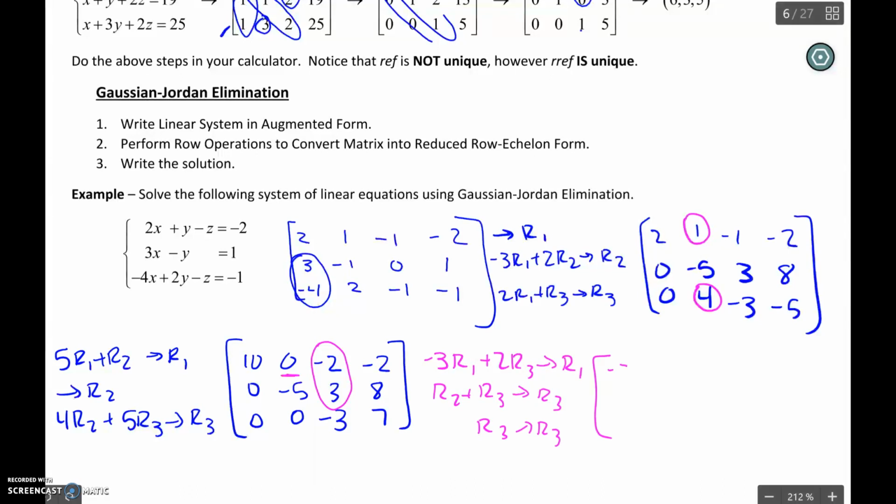So -30, 0, hopefully 0, right? +6 minus 6 is 0. And then +6 plus 14, sorry, is 20.